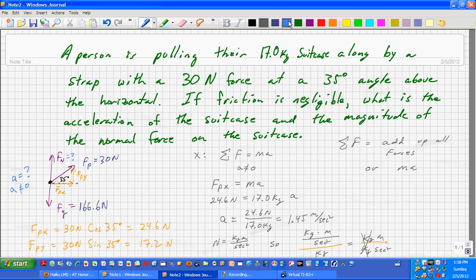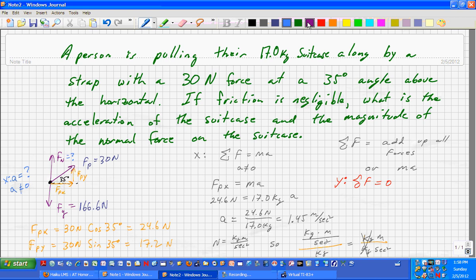Now in the y direction, because we need the normal force, the sum of the forces is going to be equal to 0, because this suitcase is not moving in the up and down direction. I should specify, the previous was in the x direction.